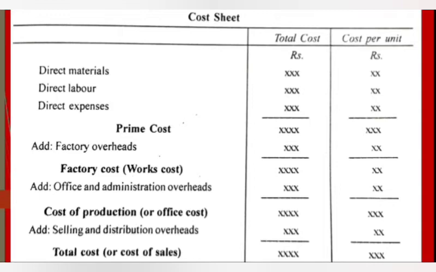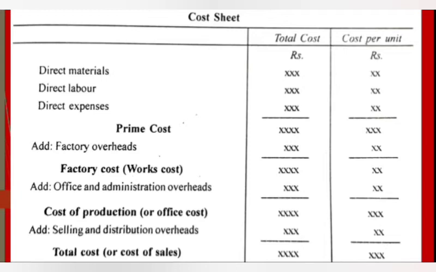Then if any selling and distribution overheads, that is the indirect expenses incurred for the purpose of promoting the sales, for example commissions, salesman's salary and commissions, sales manager's salary, traveler salary, sales office and showroom expenses, even free gifts, all this and after sales services expenses should be added with the cost of production.